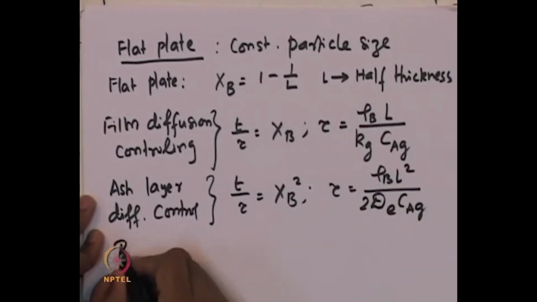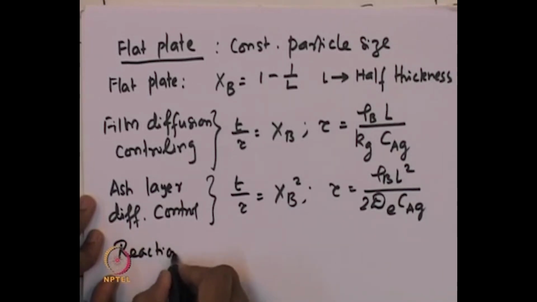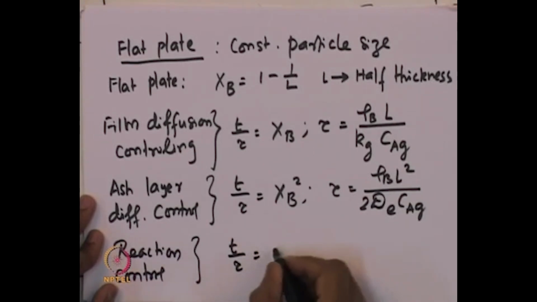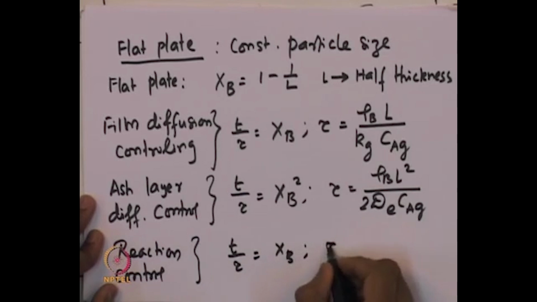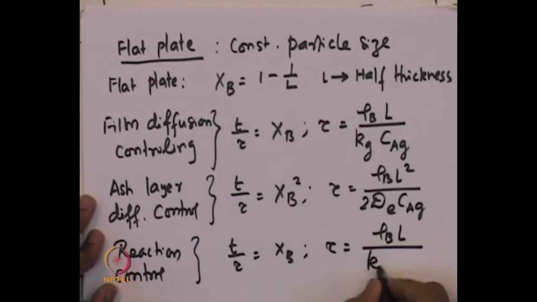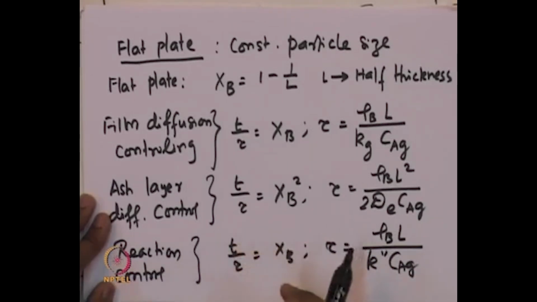And if it is reaction controlled, then t by tau is simply given by Xb, and tau is given by rho b L divided by k double prime, which is the intrinsic rate constant, multiplied by CAG. Intrinsic k double prime is the intrinsic specific rate, and CAG is the corresponding gas phase concentration.